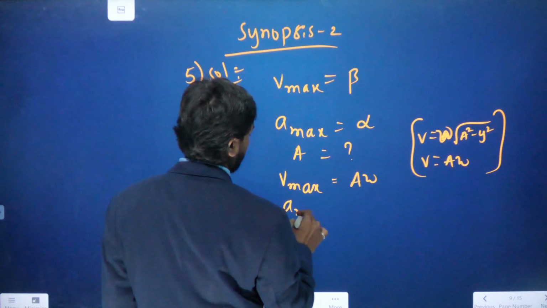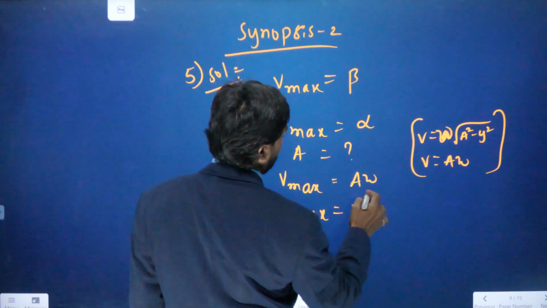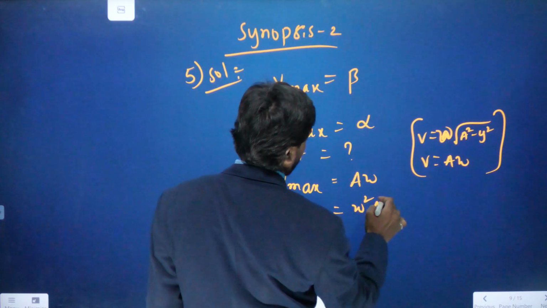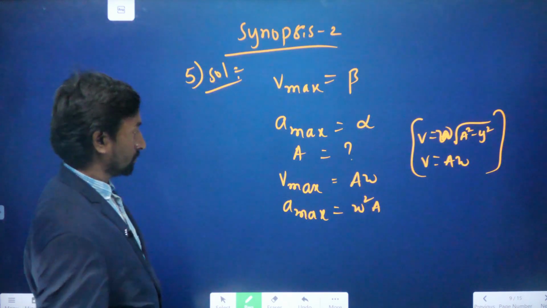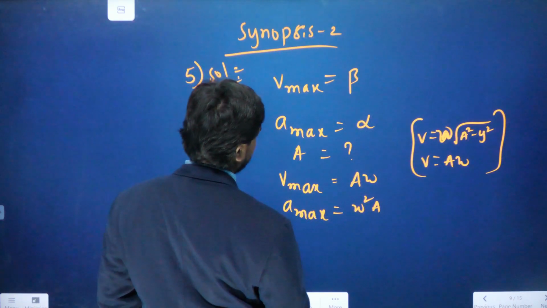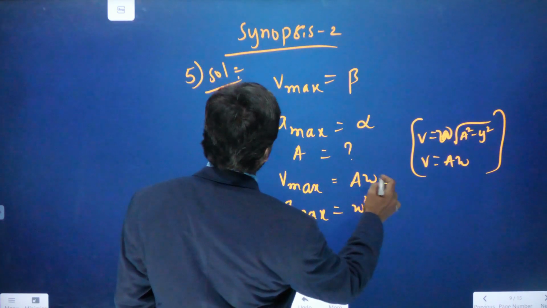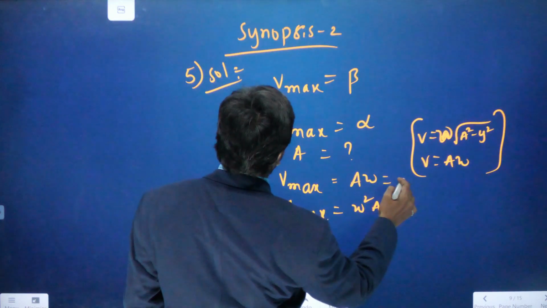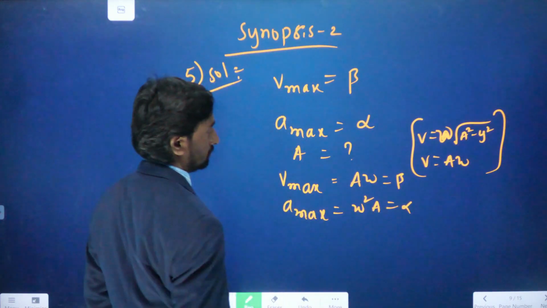And A maximum, what did you get there? We will take only the amplitude here: omega square A. Okay, now they are asking for the amplitude. So V maximum is A omega, which is beta, and this is alpha, we can equate.